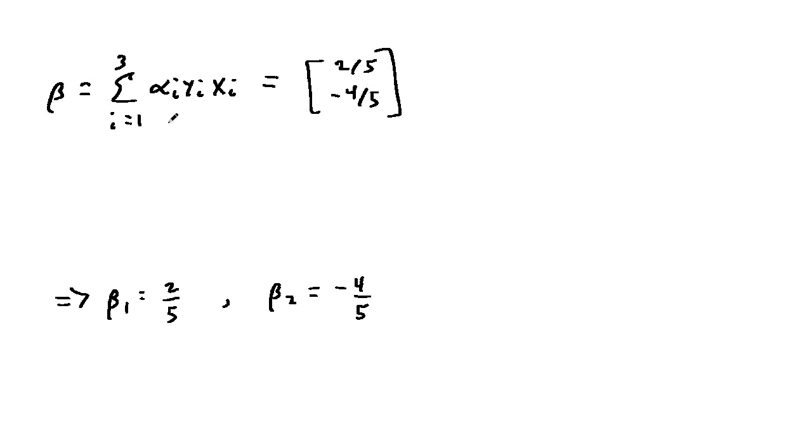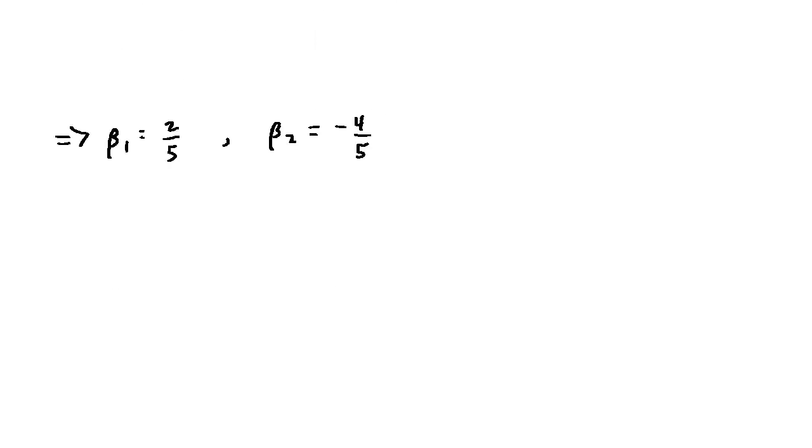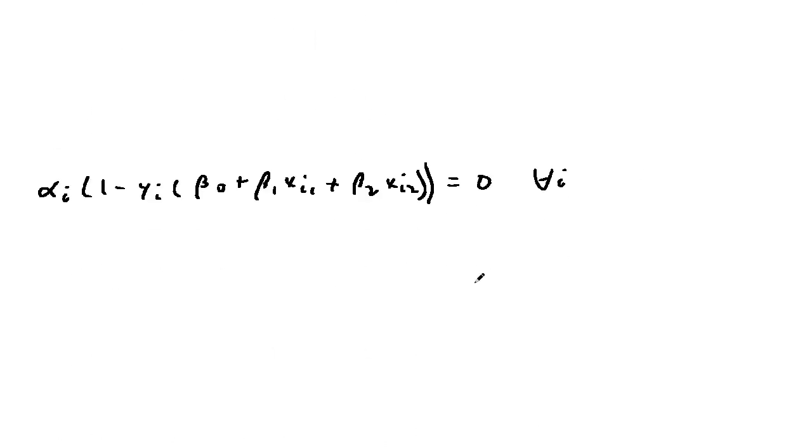Now beta is given by this. If we plug in the values for x_i, y_i and alpha_i, we get this vector here. So beta 1 is 2/5 and beta 2 is negative 4/5. By complementary slackness, alpha_i times this expression is 0 for all i.